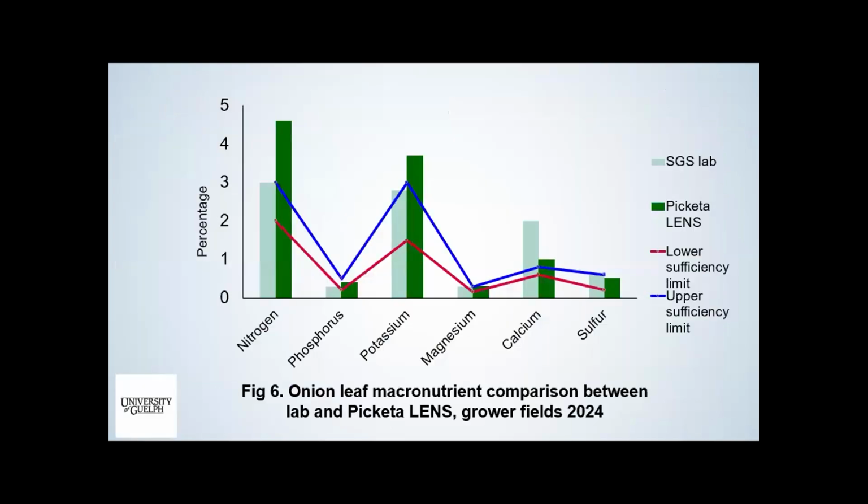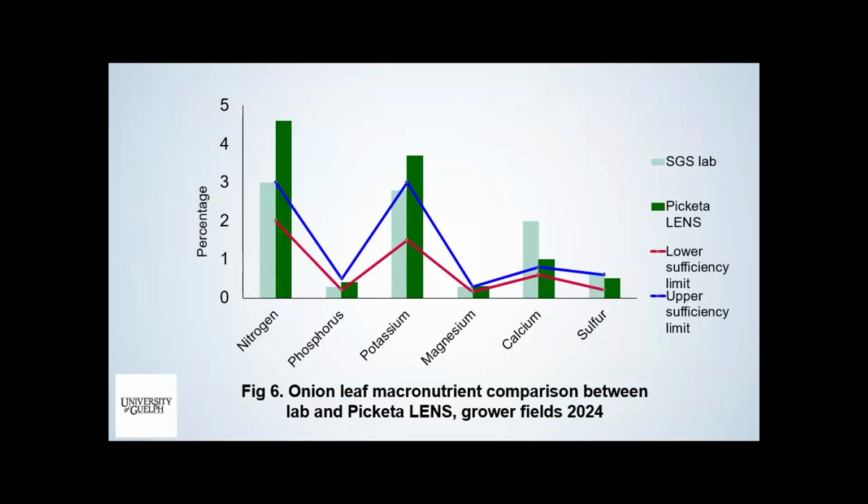Like I mentioned earlier, the trend was the same from the data we collected from the grower fields. The Piquetor was consistently higher than the lab values for most of the nutrients. The blue line is the upper limit for the alfalfa sufficiency range, and the red line is the lower limit.